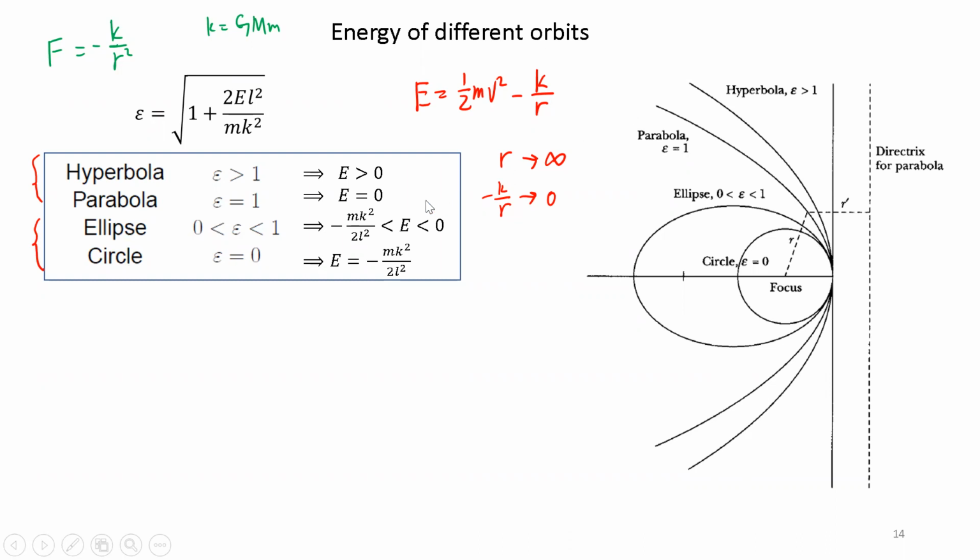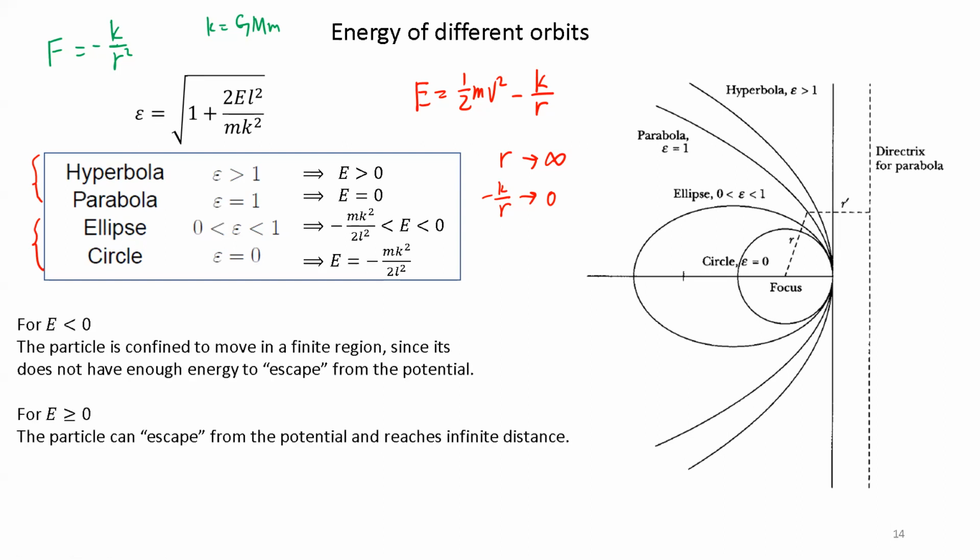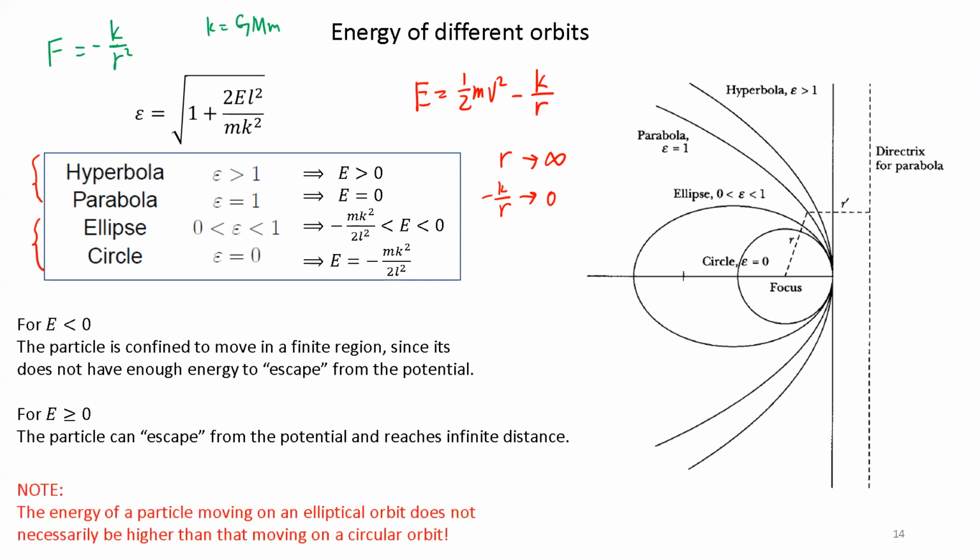So whenever you have energy smaller than 0, those are closed orbits. The particle always stays at some finite distance from the source of the force. So these two statements just repeat what I just said.